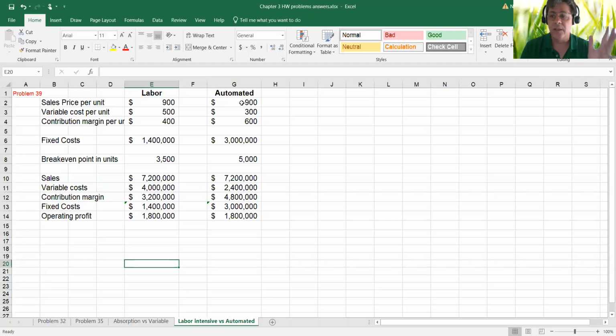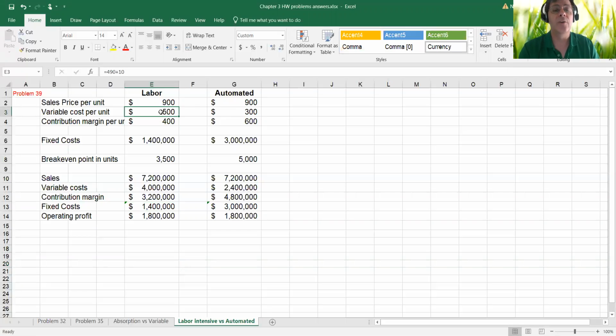So the idea is the customer doesn't care how you made it. If you made it with a machine or maybe you made it with people, they're going to pay the same price either way. So under the labor-intensive process, our variable costs are $500: $490 for variable costs such as materials and labor, and $10 in selling costs.